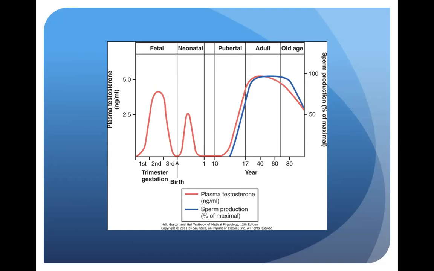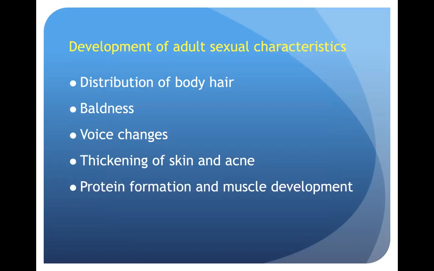Although your spermatogenesis will continue, at around 70 to 80 years of age, dun mag-start mag-decline yung spermatogenesis. Okay? So, as mentioned, we need your testosterone coming from the testes for the development of your adult or secondary male sexual characteristics. And ano ba yung secondary male sexual characteristic na yun?